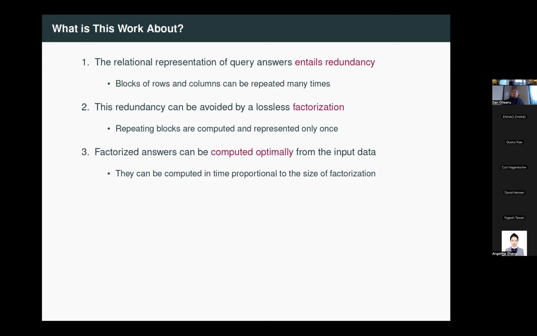The first reason, perhaps not so interesting to the systems people so far, is that if you give me a join query and the data, I can compute the factorized representation, this compact representation of the output, worst-case optimally, from the input. That is good because it means that you take time proportional to its size to compute it, modulo some logarithmic factor.